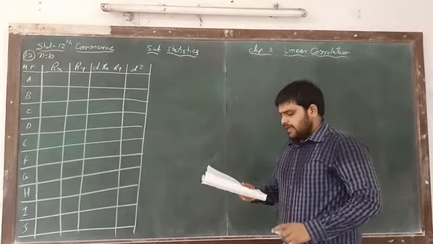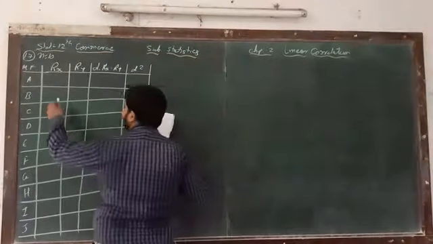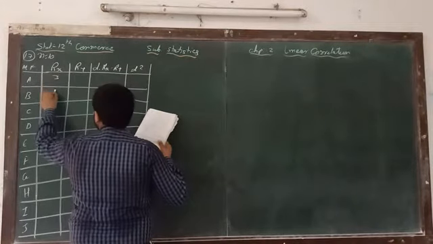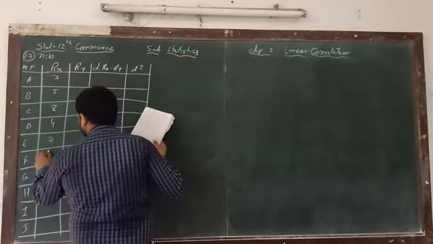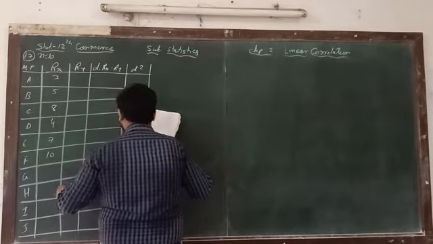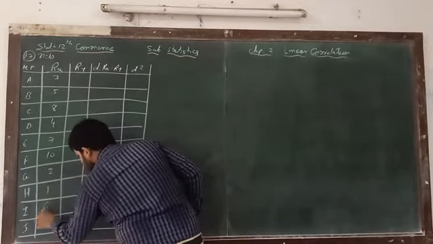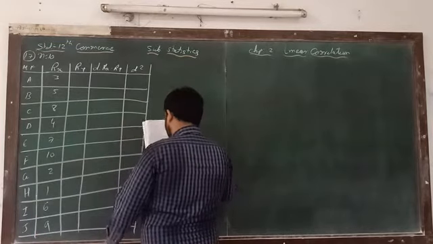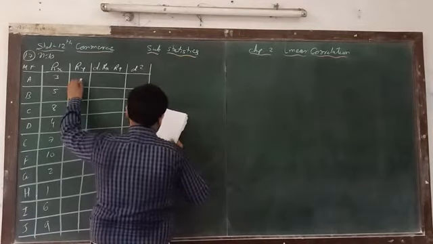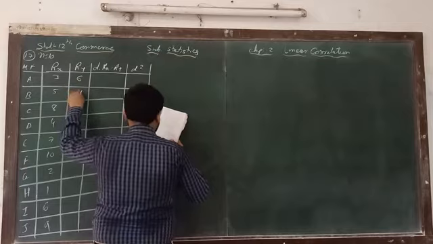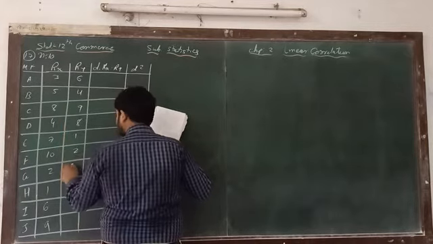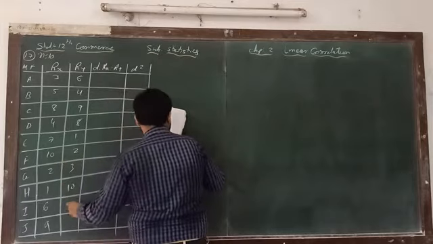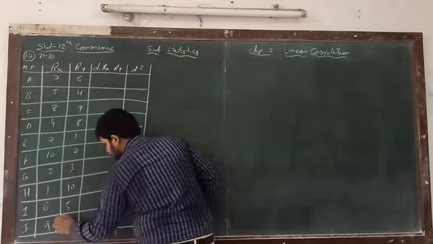Now the data is there, so we put Rx: 3, 5, 8, 4, 7, 10, 2, 1, 6, 9. For battery, that is Ry: 6, 4, 9, 8, 1, 2, 3, 10, 5 and 7.